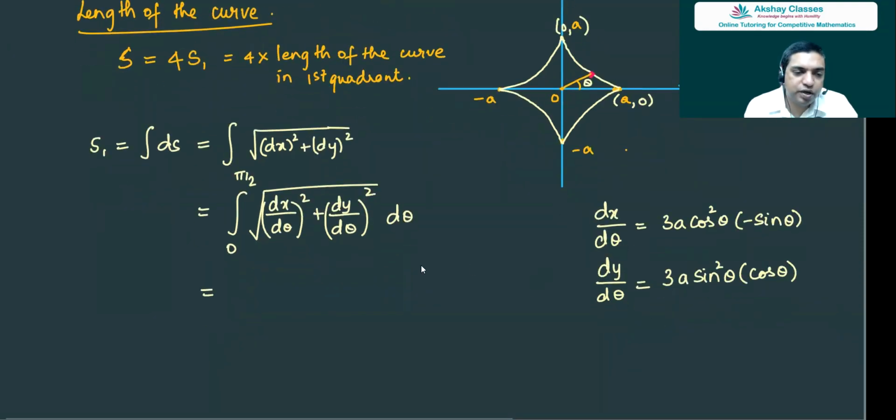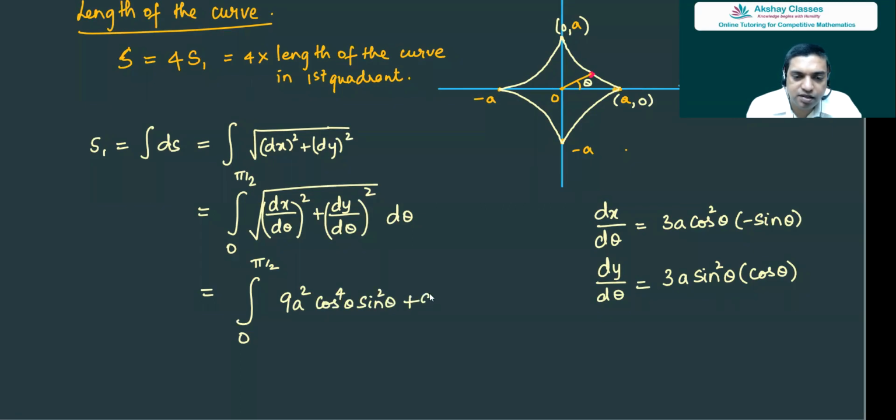So now when we square them and add, we'll get 9a square times cos power 4 theta sine square theta plus 9a square times sine power 4 theta cos square theta, d theta.